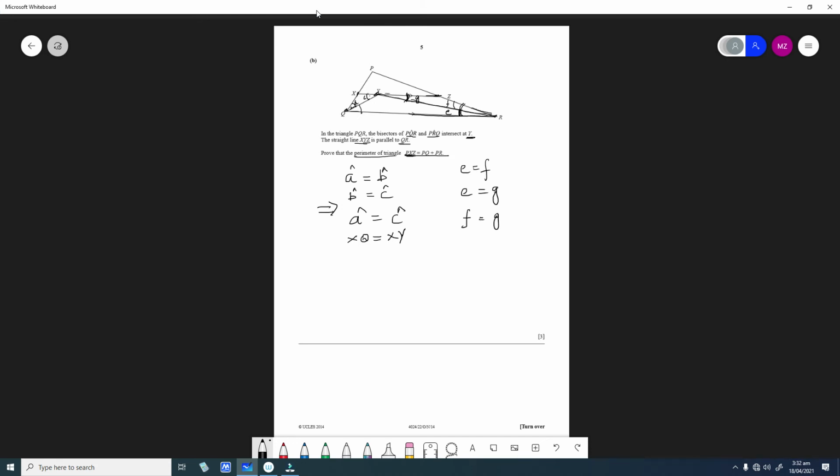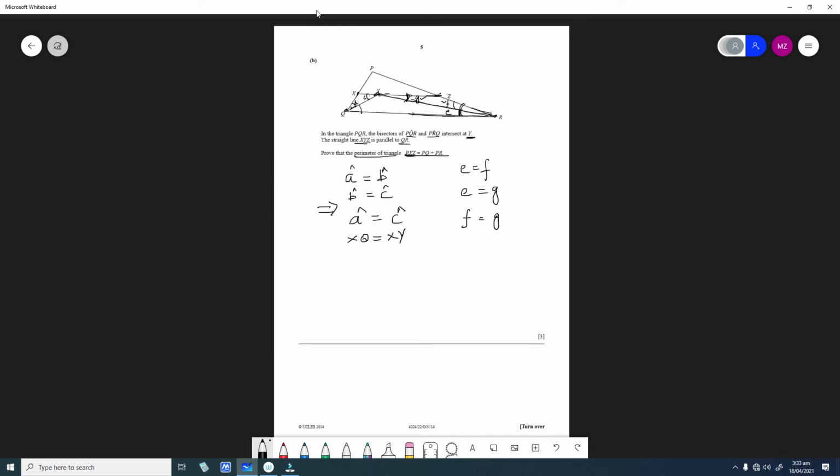Now E is equal to G, therefore F is equal to G as well. So this is G and this is F, and if you take into account this triangle XZR, this will become an isosceles triangle, and the sides opposite to the equal angles are also equal. So what is the side which is opposite to the angle F?